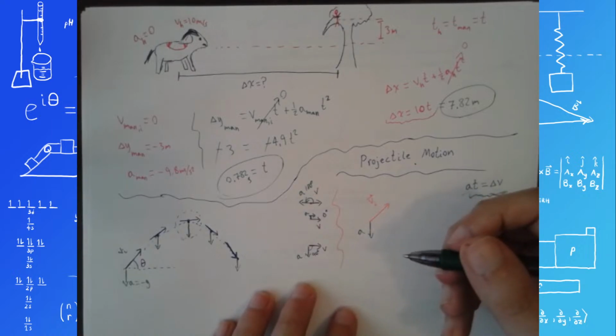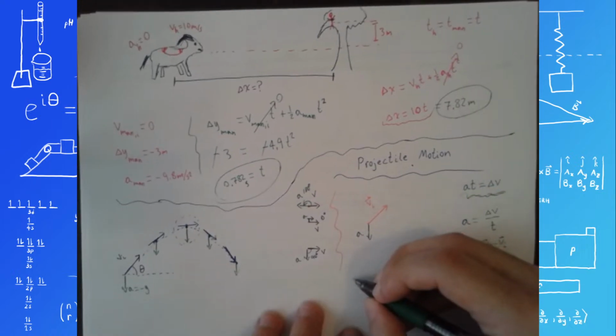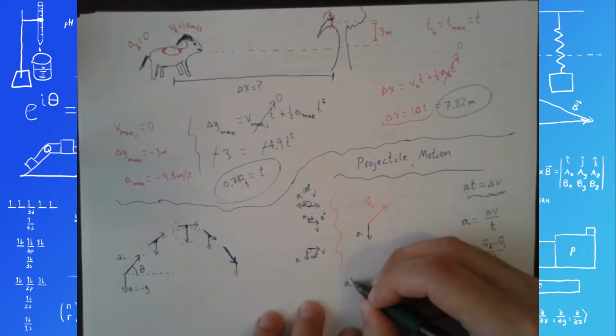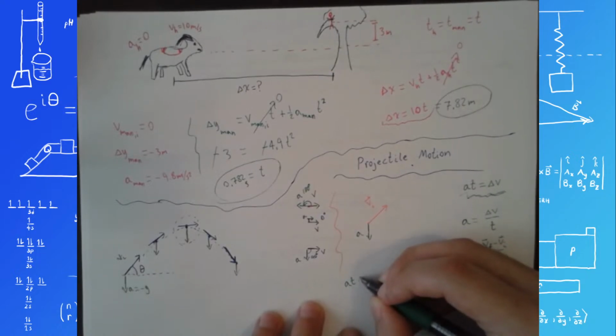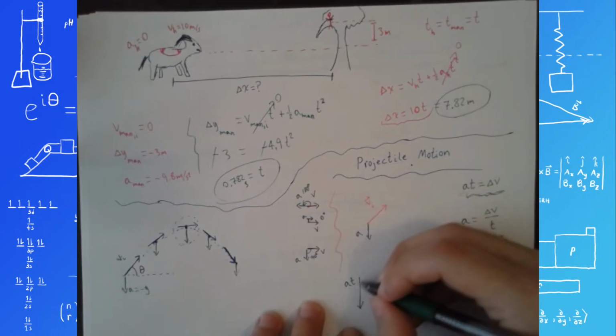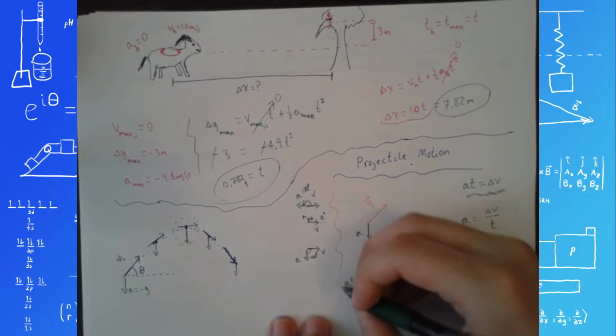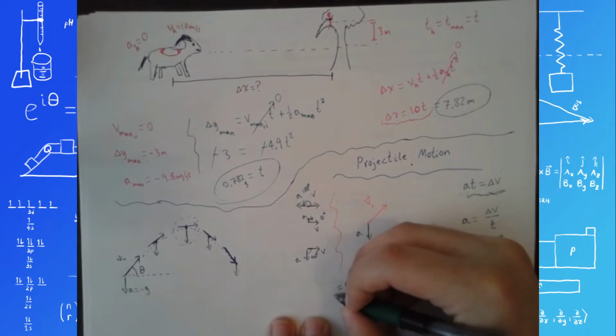So let's say after 3 seconds, we get an AT that looks like this. Same direction as A, just greater in length. Or it could be smaller in length if t is a small fraction. It doesn't have to be an increase in length. But yeah, this AT is equal to a change in velocity.